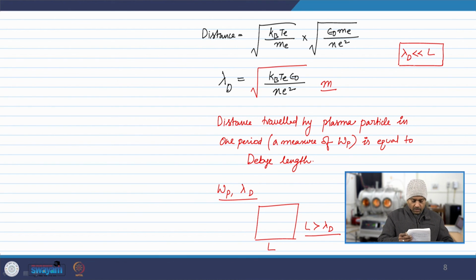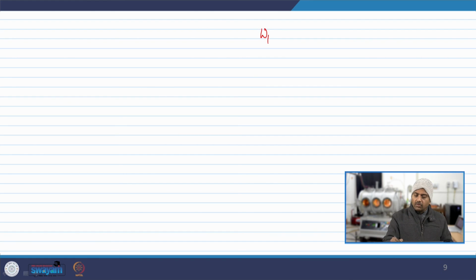And we also discussed one plasma criteria in terms of plasma frequency: omega p tau c should be much greater than 1. This is plasma criteria 1.